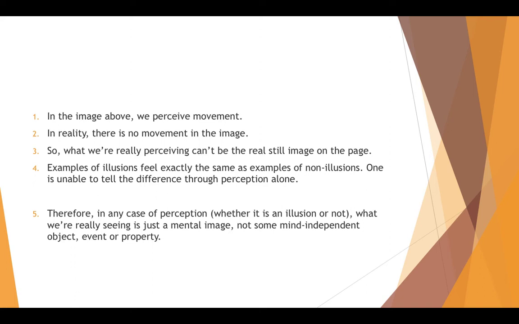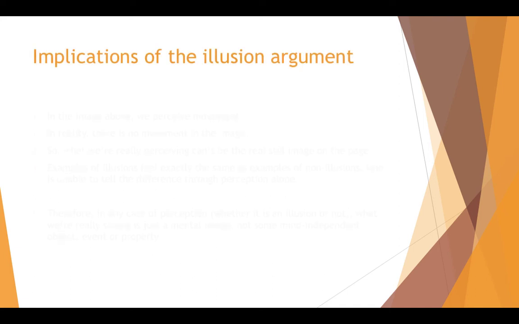So that's what gives the link to conclude that there can't be any link at all. If there's no way of being able to tell between illusions and veridical perception, then there's no way of there ever being a link between our mind and a mind-independent object.